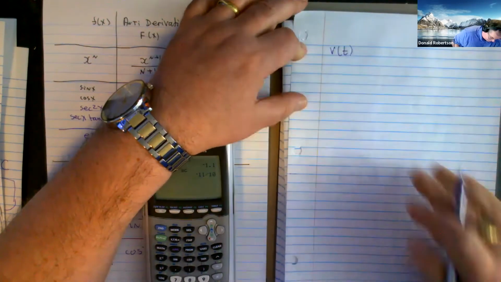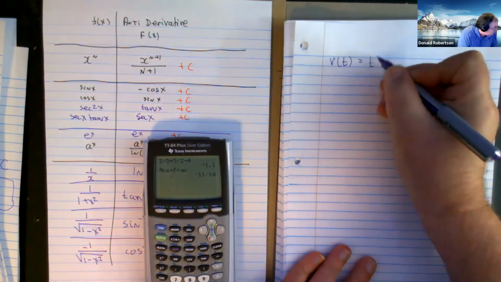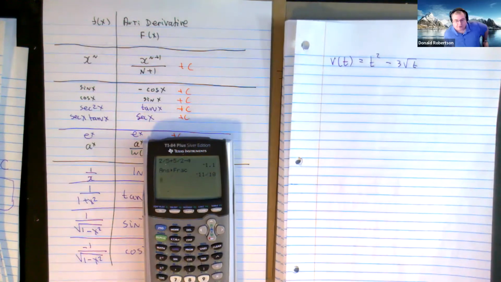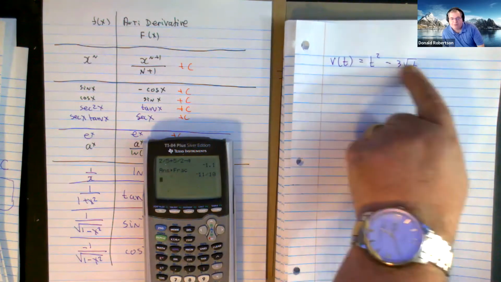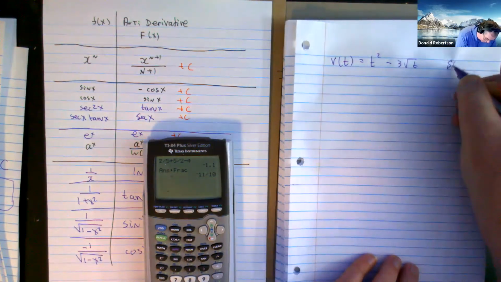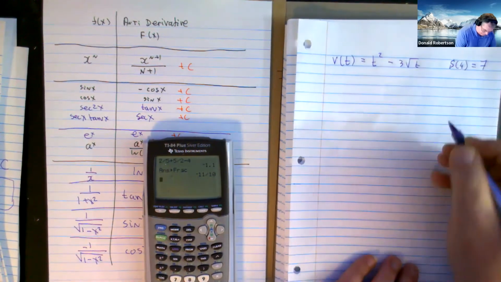Here's an application of antiderivatives being used. Suppose I know the velocity of a moving object at any given time t is given by this formula. And I tell you the position of the object at the 4-second mark is 7.